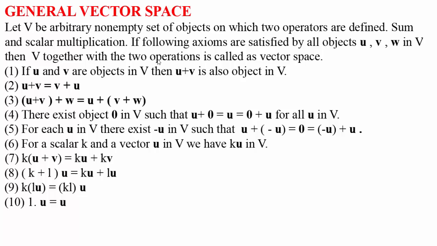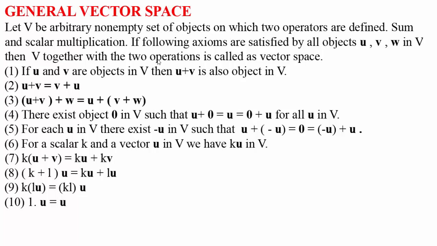Third axiom, (u plus v) plus w is equal to u plus (v plus w), for any three objects u, v, w in the set V. This means that addition is associative. Fourth axiom, there must exist an object 0 in set V such that u plus 0 equals u, which equals 0 plus u, for all u in V.